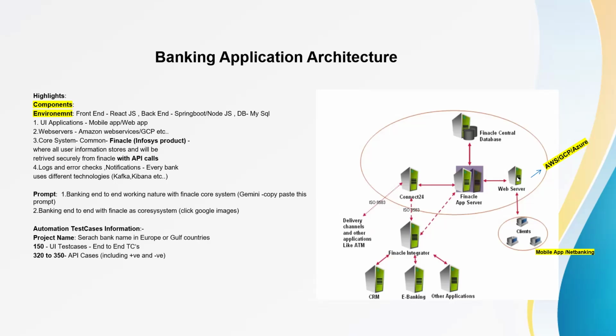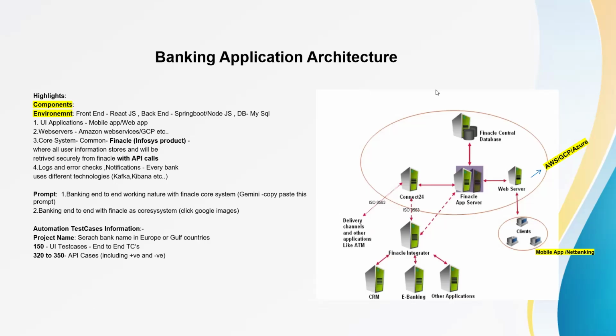So the API call is triggered when I click on loans from the client side, and that API call is in the web server. It interacts with the Finacle server, the core system. Complete information like accounts, cards and loans is maintained in Finacle. All the banks maintain it in Finacle.